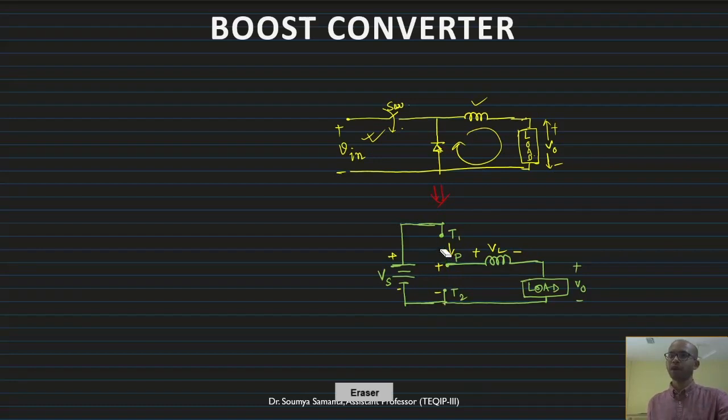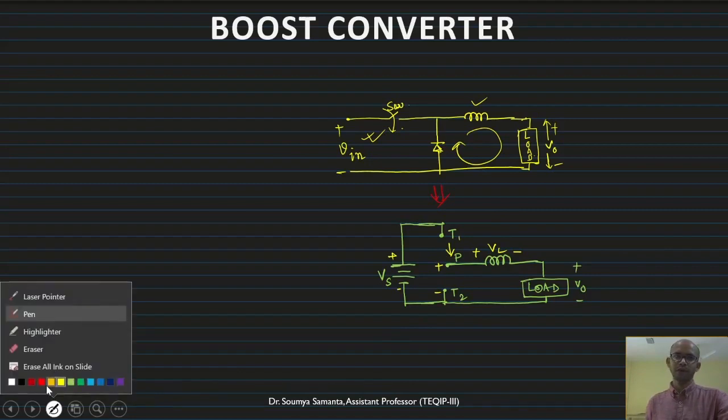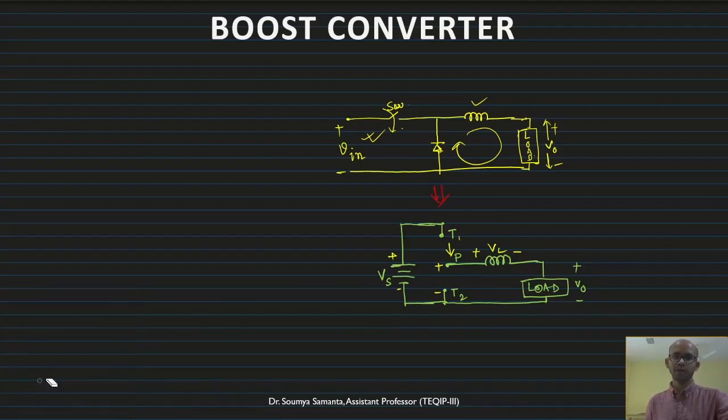Now if I remove this and connect it here to T2, what will happen? This was during the on time, when P was connected to T1. During the off time, which means this switch is off, P is connected to T2.